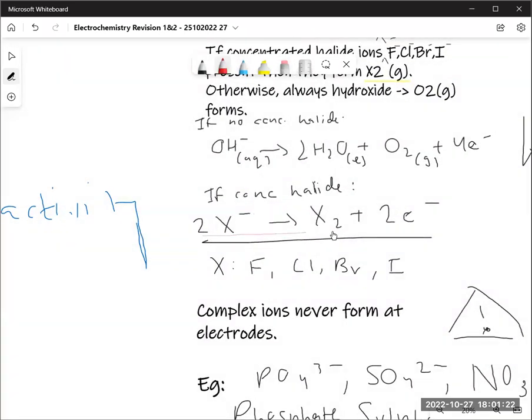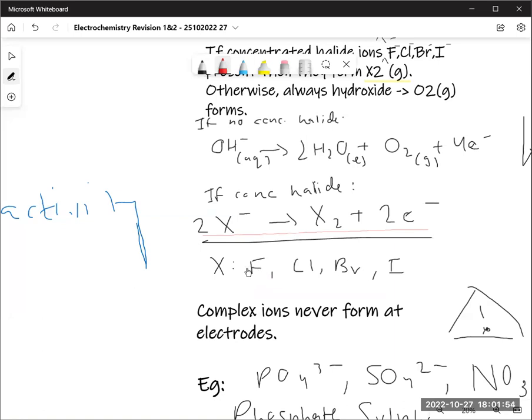Read this out loud. 2X minus equals X2 plus 2e minus. All right, so it's not equals to, no, maths, chemistry, that means gives, or gives us, or basically gives. So 2X minus gives X2 plus 2 electrons.